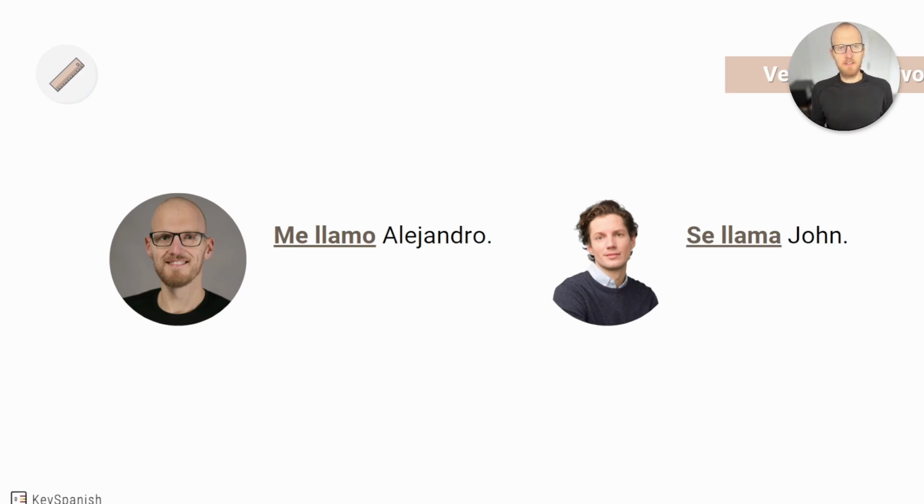Many students, if they try to literally translate this, think we are saying my name is Alejandro, my name is John. But what we are doing here is using the verb llamarse. So we are doing calling myself. We're referring to ourselves by our name. I call myself Alejandro, or he calls himself John. That's what me llamo or se llama literally means. This is a reflexive construction.